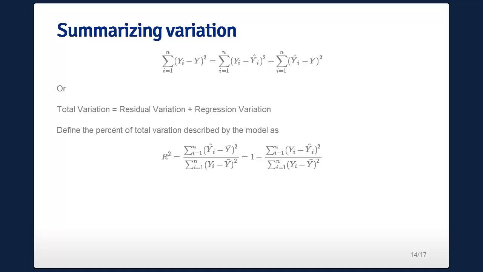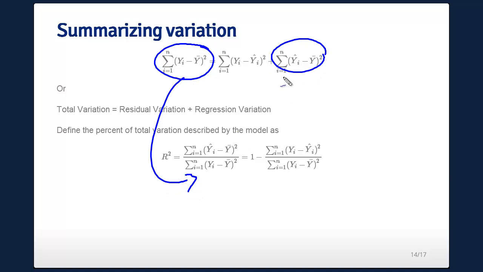What we could do is take this as the denominator and this as the numerator. Because this is a bunch of squared terms that has to be added to another bunch of squared terms to total up to that one, we know that this has to be less than that one. So we can describe this number as the percent of the total variation explained by the model variation, not the residual variation.